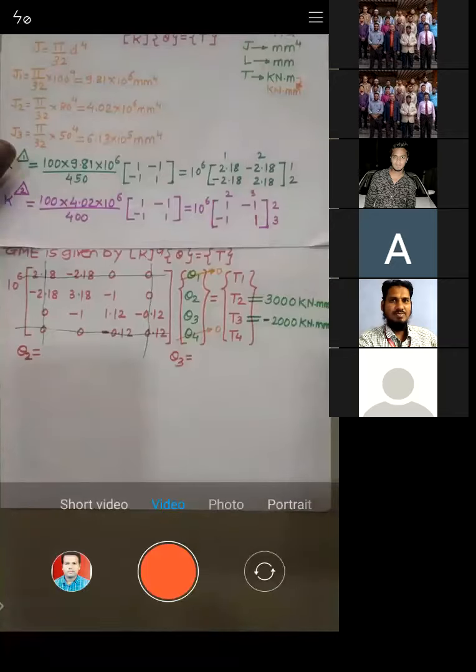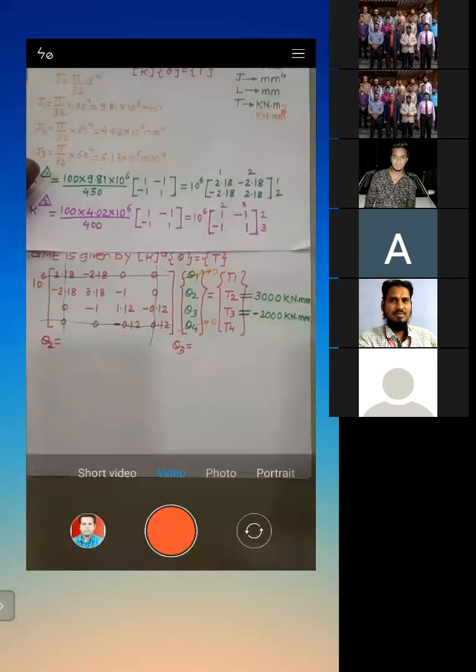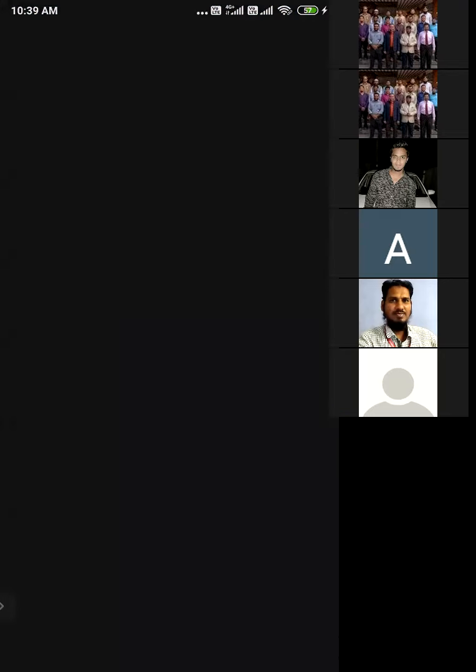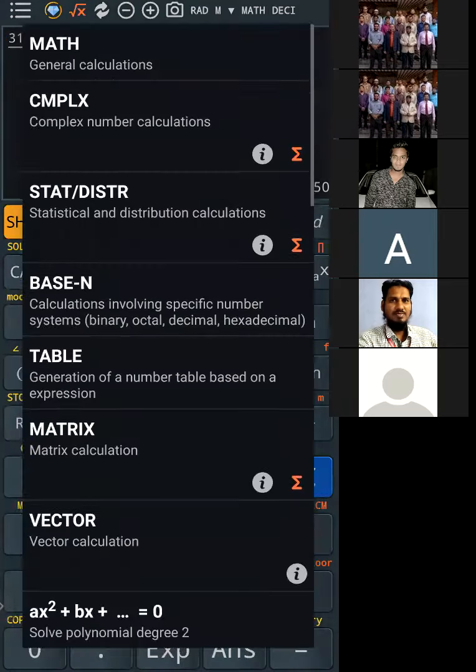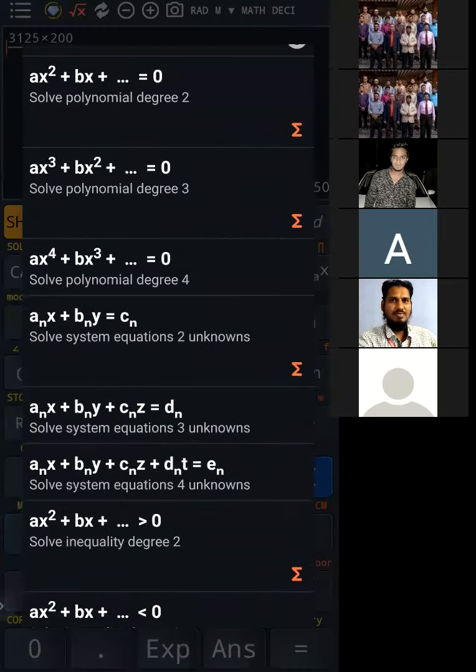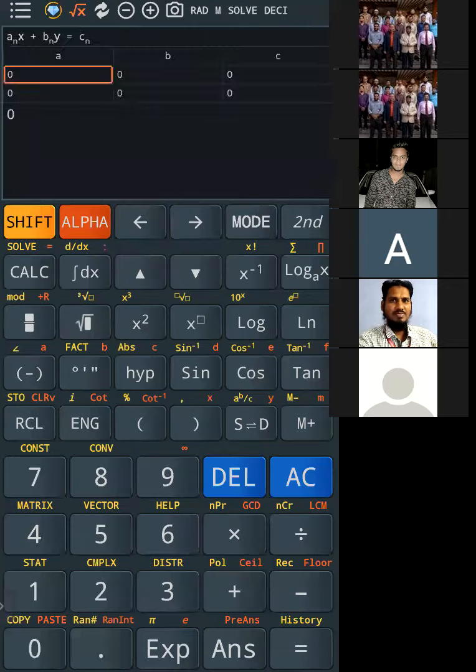Basically, you go to your calculator, go to mode, go to solve system equations, two unknowns. For A, this is 10 raised to power 6, which you need to multiply to every term.